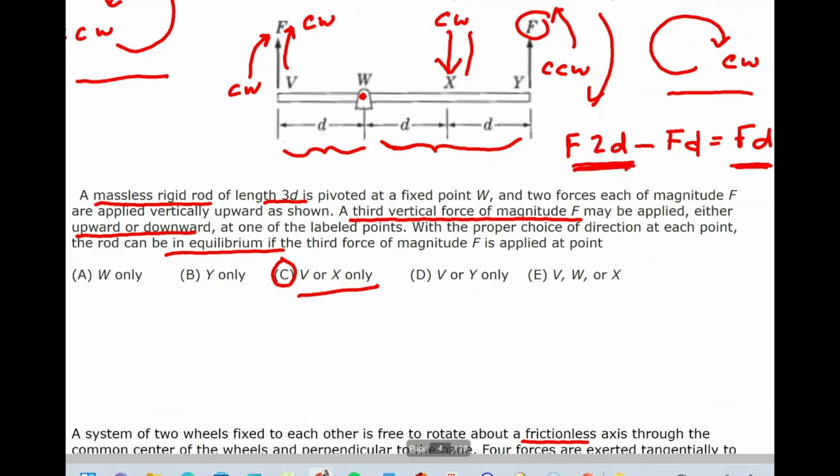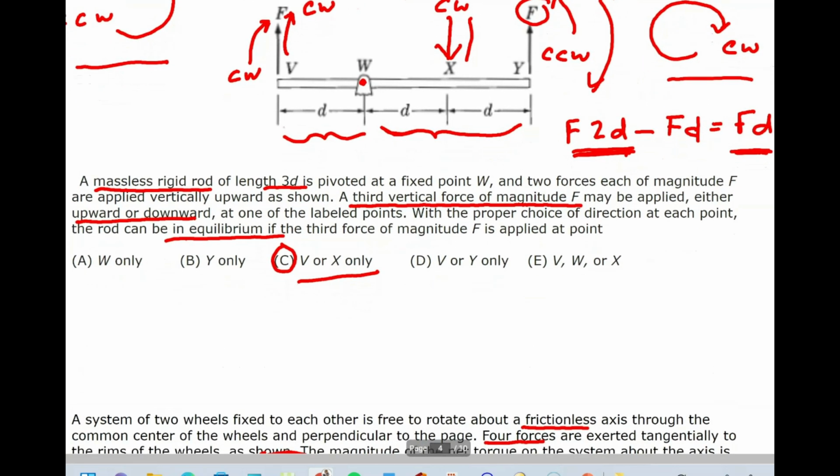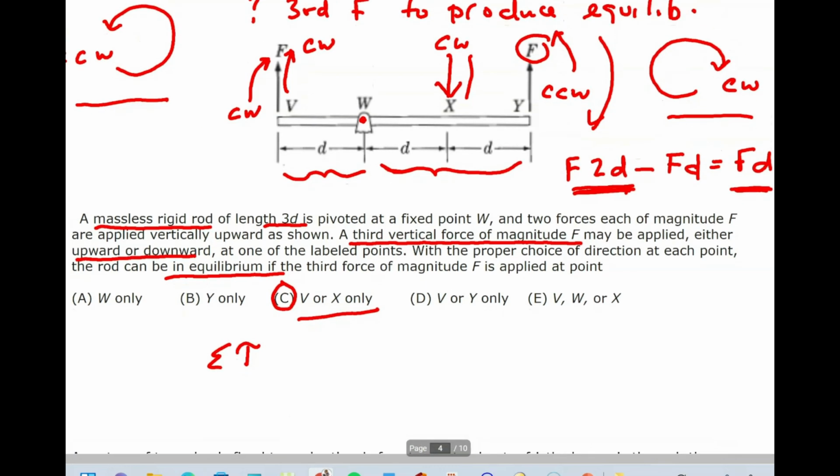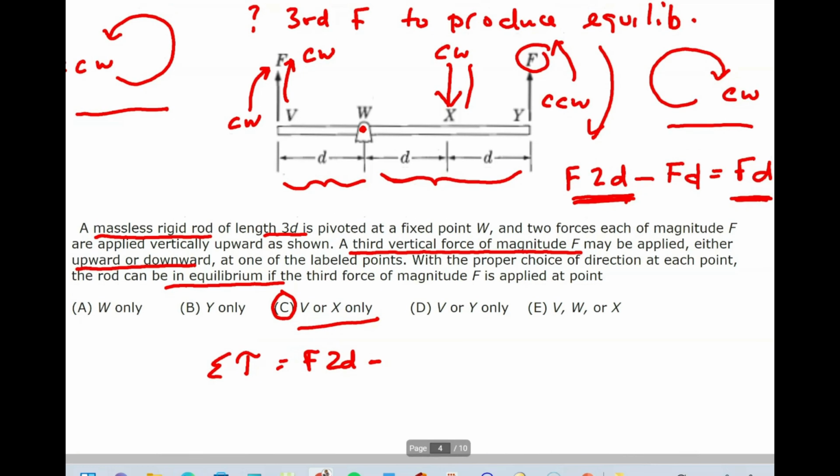So let's show it down here because we've got plenty of room. The sum of the torques: that big torque at the end is the positive one, so the force is F, the moment arm is 2D. The negative torque, which is the clockwise one at V, is F times D. And how do you make that equal 0?